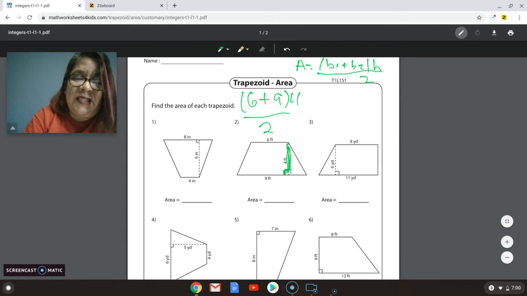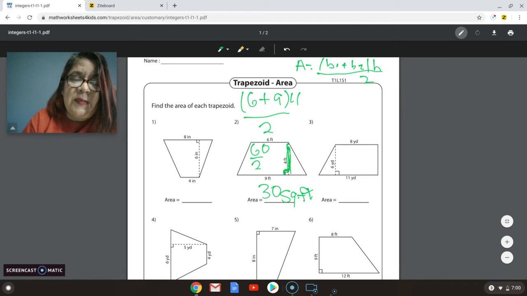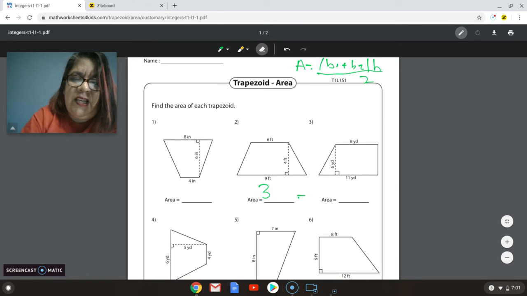Yes, 6 plus 9 is 15. 15 times 4 is 60 divided by 2. So my area for this figure is going to be 30 square feet, because we always express area in units squared, in square units. Let's erase some of that so we can have a clean workspace.